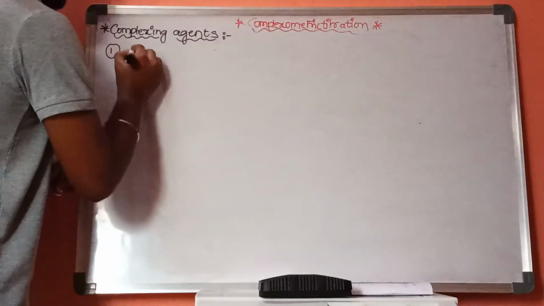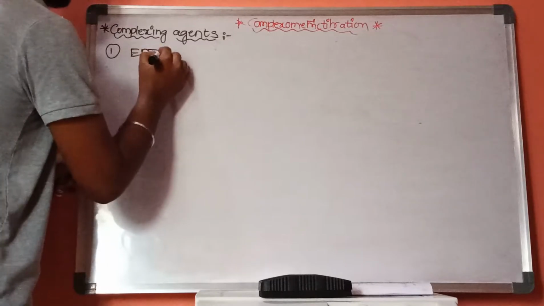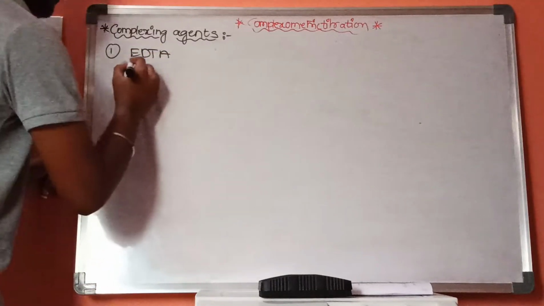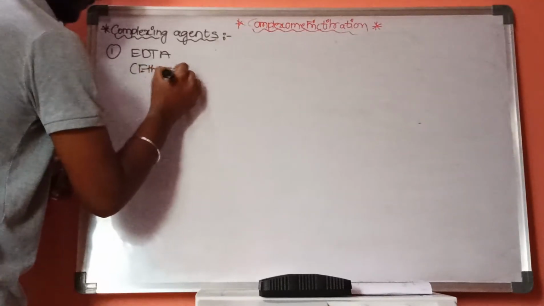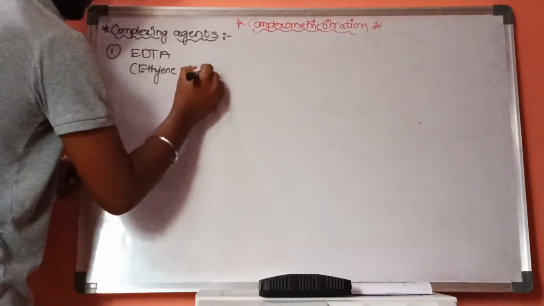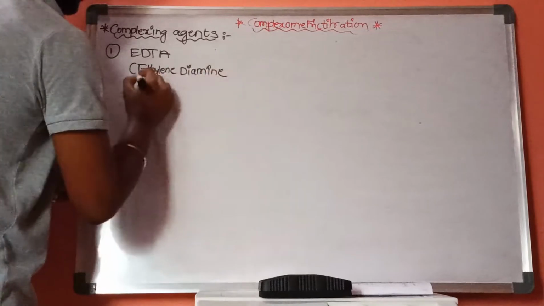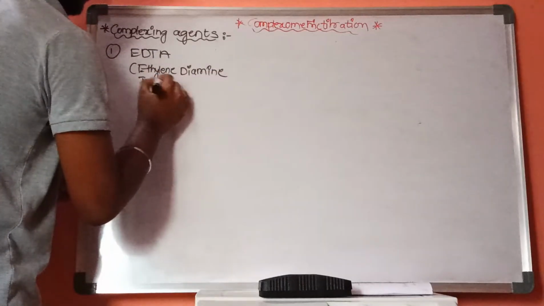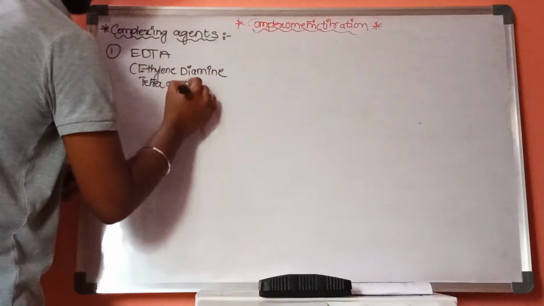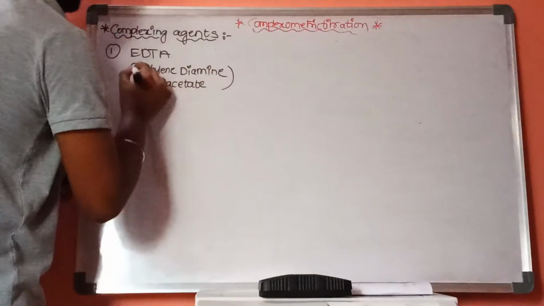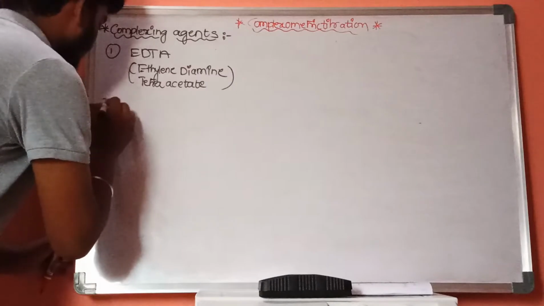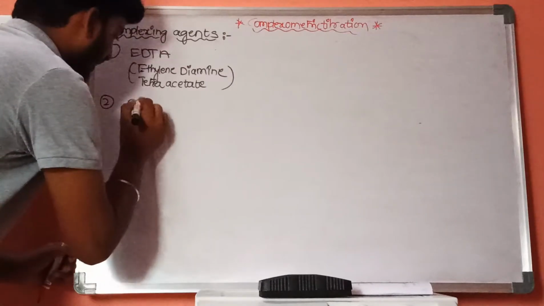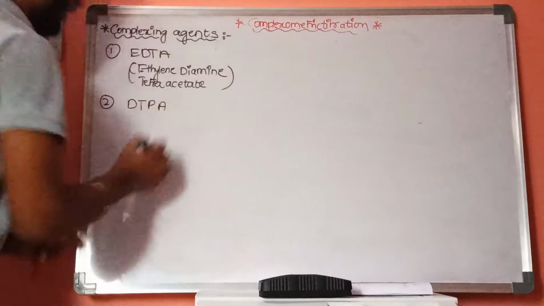That are, first one, EDTA. EDTA means ethylene diamine tetraacetate. And second one is DTPA.